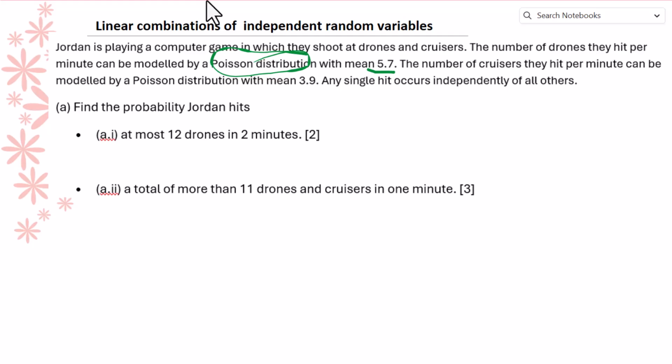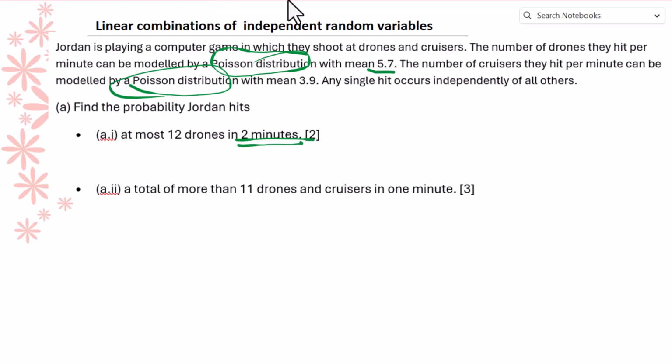The number of cruisers they hit per minute can be modeled by a Poisson distribution with the mean 3.9. Any single hit occurs independently of all others. Find the probability Jordan hits at most 12 drones in 2 minutes.